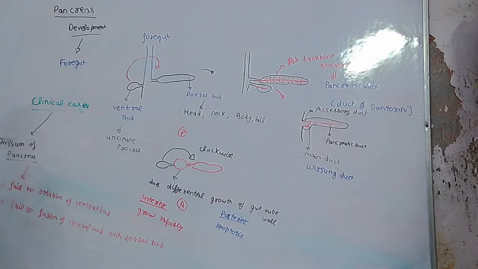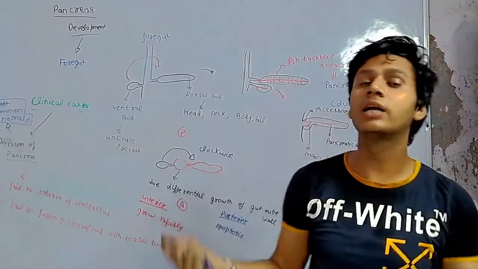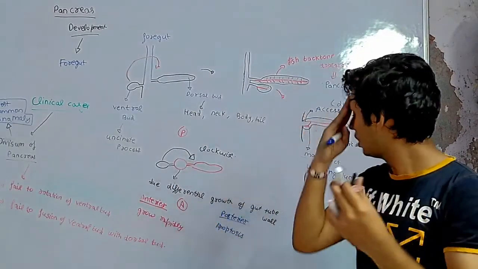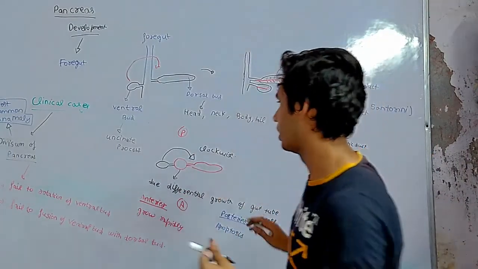These are the cases of pancreatic division and it is the most common anomaly of the pancreas. Pancreatic division, in which the ventral bud sometimes fails to rotate, and sometimes if it rotates, it fails to fuse with the dorsal bud. These are the cases.